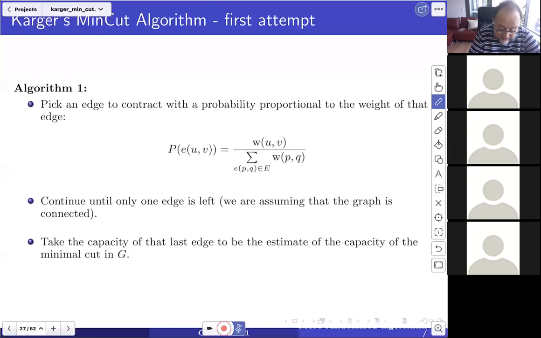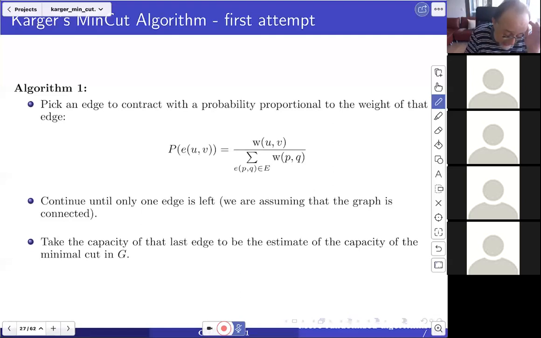Because some of the weights become sums of the weights of two edges. But in this new graph, you again pick with probability proportional to the weight of that edge, and you keep contracting until only one edge is left, and you take the weight of this edge as the capacity of the min cut.